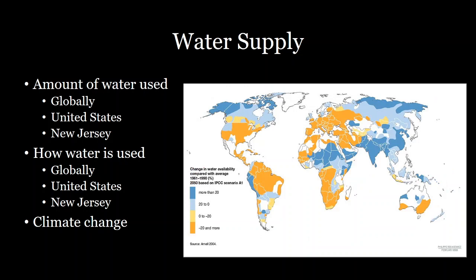So this is what the IPCC, Intergovernmental Panel on Climate Change, says, and they show that the change in water availability is going to be most significant in areas throughout the United States, Europe, the Middle East, South America, and Africa, which are experiencing more than a 20% drop in the amount of water availability, all while you have increases in population size.